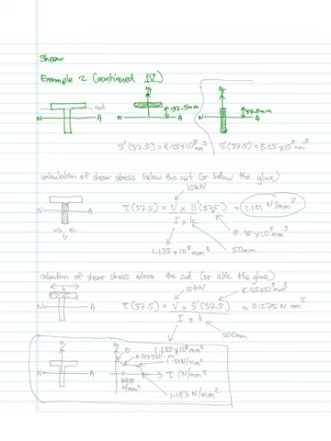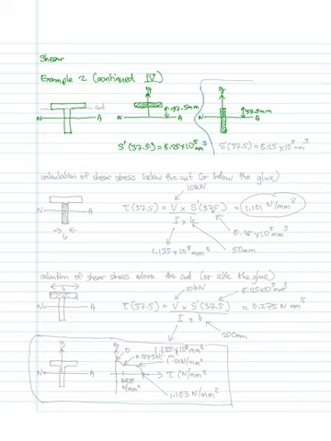When we worked out S dash at a distance of 37.5 millimeters, for the first section we got a value of 6.25 times 10 to the 5 millimeters cubed.